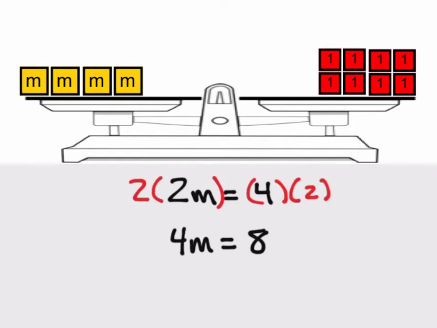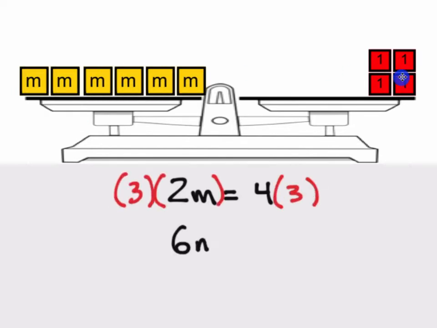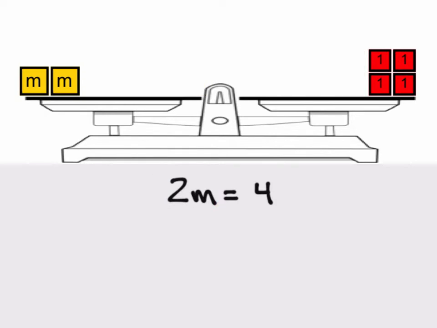Heck, we could have taken our original equation and tripled the amount of weight on both sides. We could have quadrupled the amount of weight on both sides.